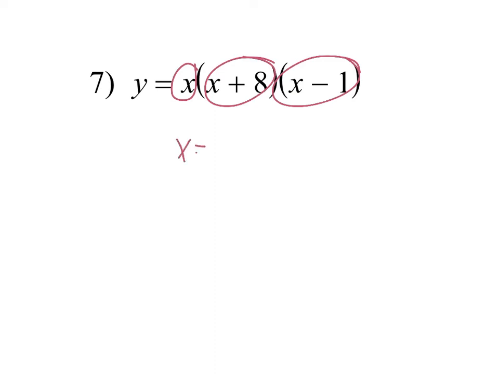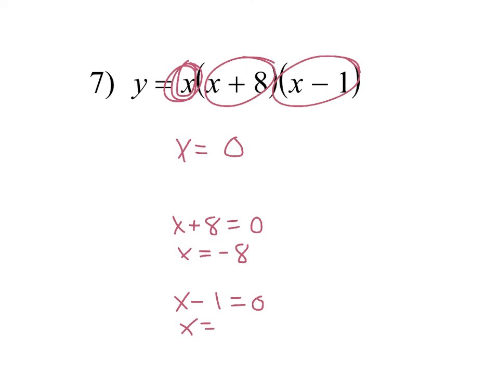So we have x is equal to, just looking at the first part here, what's x equal to? 0. What about our second one? X plus 8 is equal to? 0. We set them all equal to 0. X minus 1 is equal to 0. So x is equal to -8, and x is equal to? If we add 1 to both sides, 1.